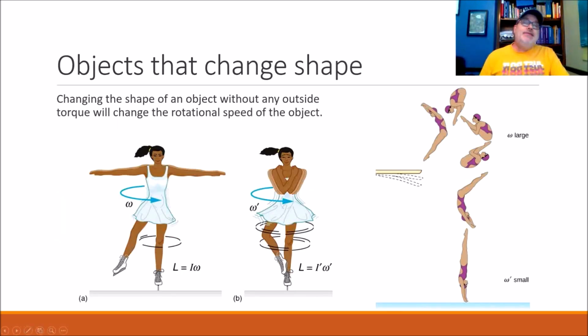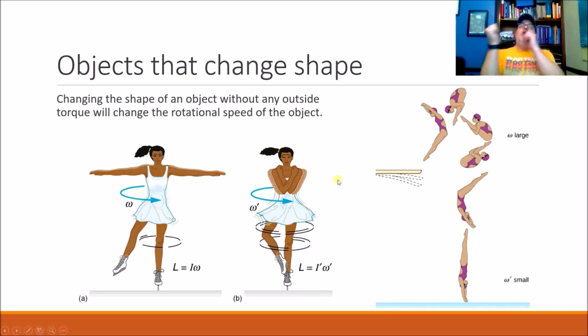Now, here's our last topic, the fact that an object itself can change its shape internally. And when you change the shape, you change the rotational inertia. And when you change the rotational inertia, you can change the rotational speed. So here's an ice skater at the end of her routine, and her arms are out, and her legs are out, so she has a large rotational inertia and a slow omega.